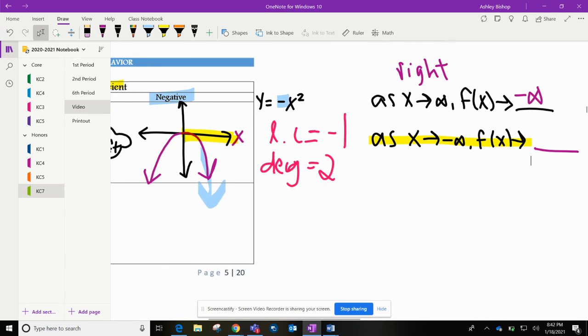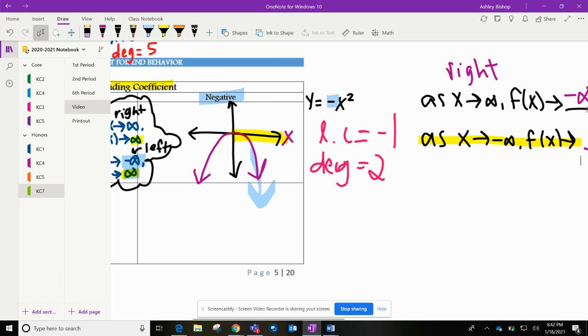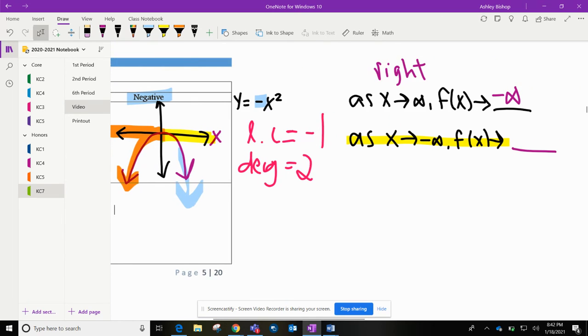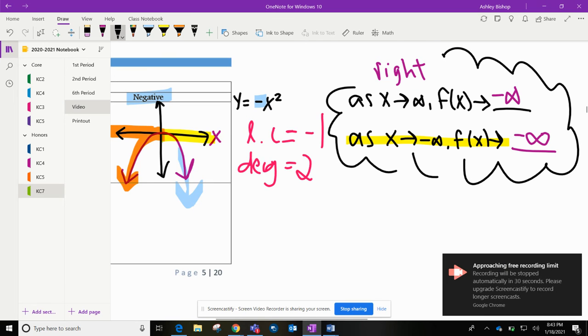So this is saying as x approaches negative infinity, that's saying what's going on the left-hand side of my graph. Here's my left-hand side. Well, my graph is also going down towards negative infinity. Okay, so that's my end behavior for this type of problem. So every time we see a graph like this, it'll be looking like that.